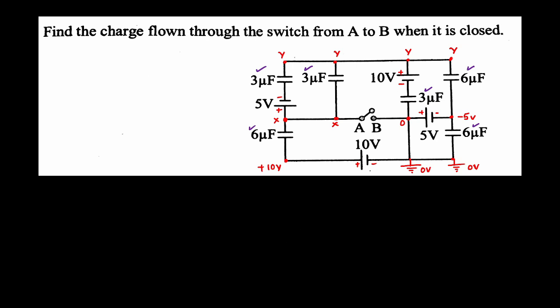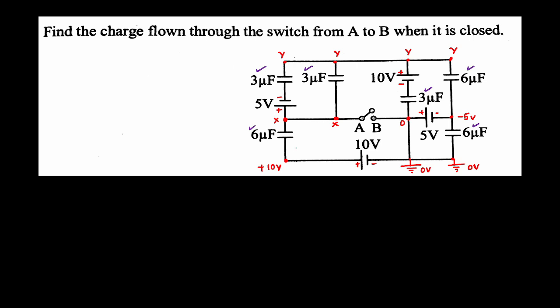Now in this circuit, if you want to know how much charge flows from A to B, first I want you to redesign the circuit in a way which is convenient for us to handle. As of now you can look at this. Let me highlight that by using green color.